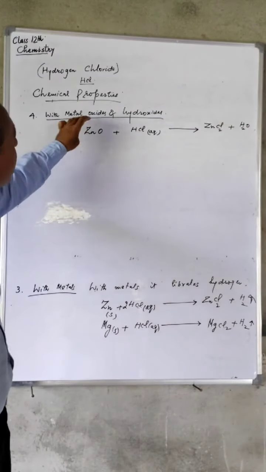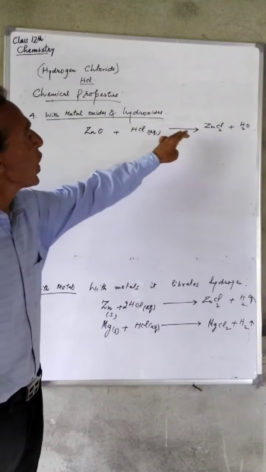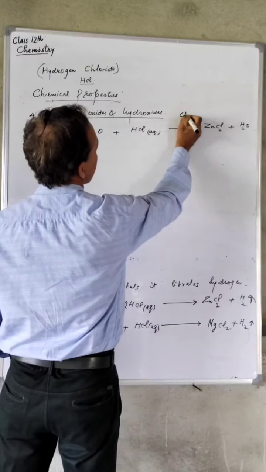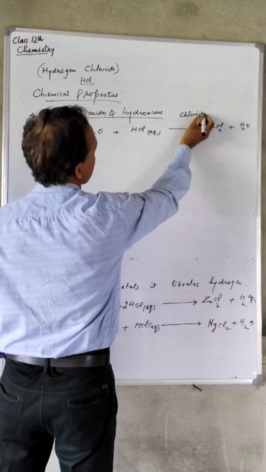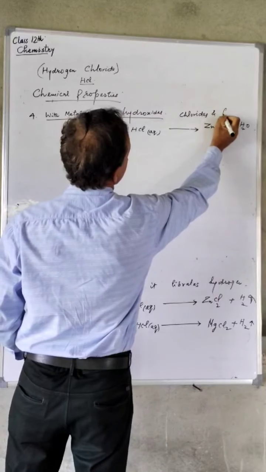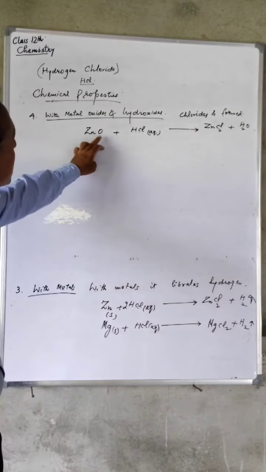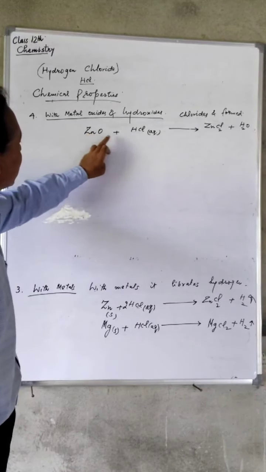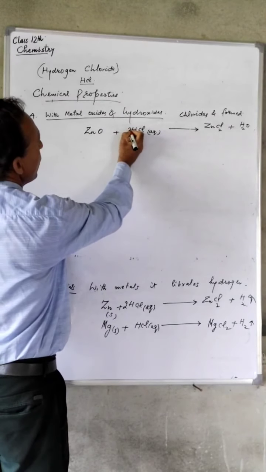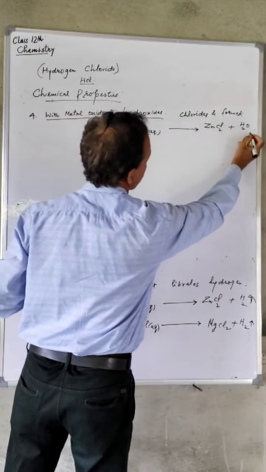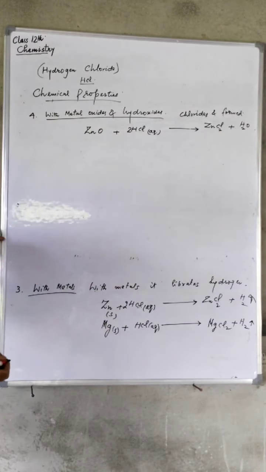That means with the metal oxides or hydroxides, chlorides are formed. Zinc oxide plus HCl gives ZnCl2 plus water, zinc chloride.